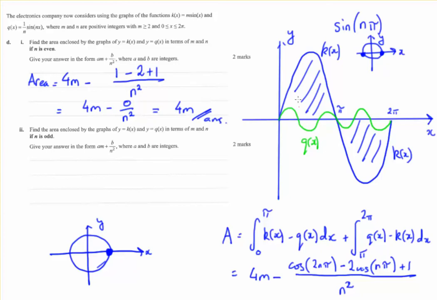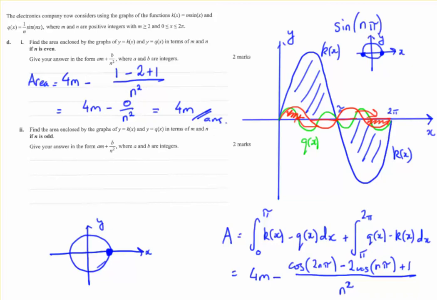Because for the even case, I'll give you an example. It might look something like that. And the even case is that symmetrical case where this part fits into there and this part fits into there. The even case will always give you a symmetry, and that simplifies to 4m, which is quite nice.